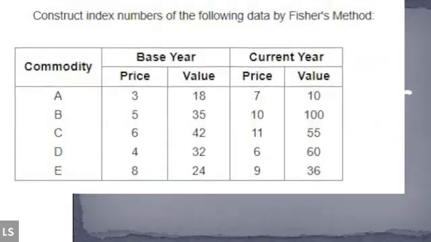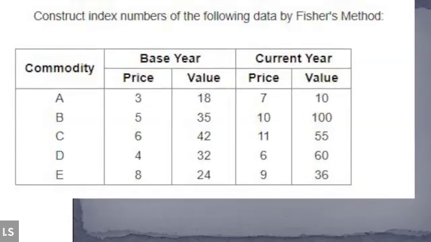Are you able to see the question, Alexander, on screen? Yes, sir. You are required to do this question by Fisher's ideal method. I guess you can do it in 10 minutes, so I'm giving you 10 minutes.